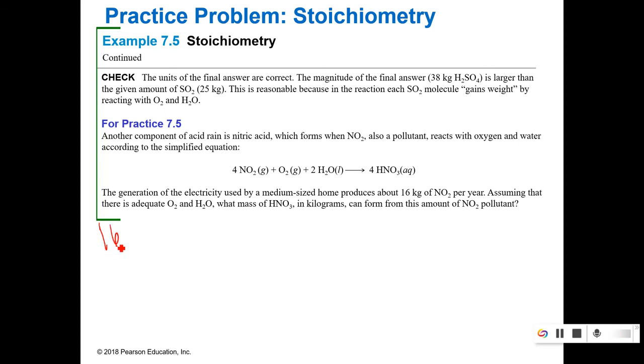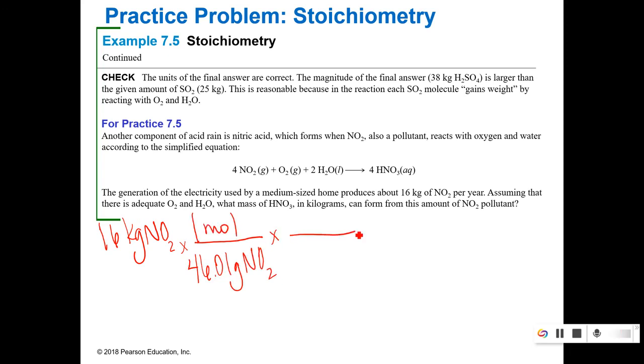Okay, I'm going to do one more. 16 kilograms of nitrogen dioxide. Nitrogen dioxide is 46.01 grams, 1 mole. And we're looking for HNO3.